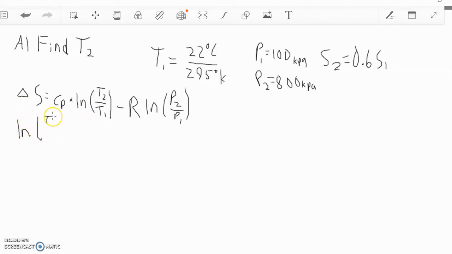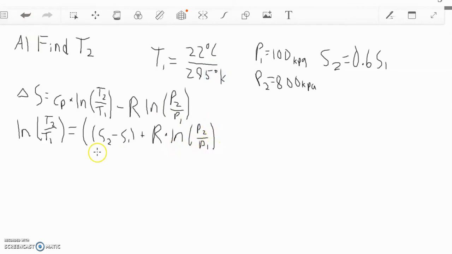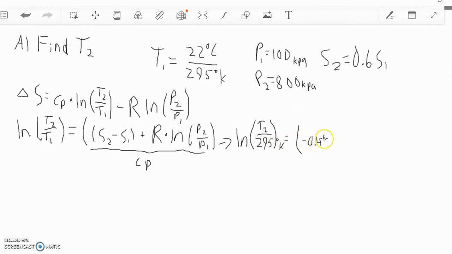So ln T2 over T1 equals the change in entropy plus the gas constant times ln P2 over P1, whole thing divided by specific heat. And then we can plug in our numbers: ln of T2 over 295 equals 0.4 plus 0.287 times ln of 800 over 100 kPa, which is just 8, whole thing divided by 1.005.